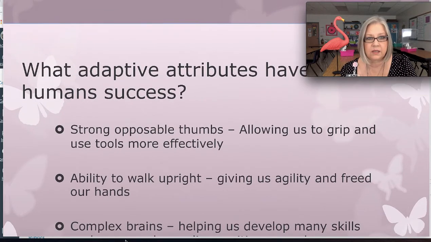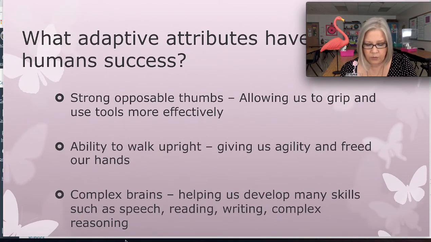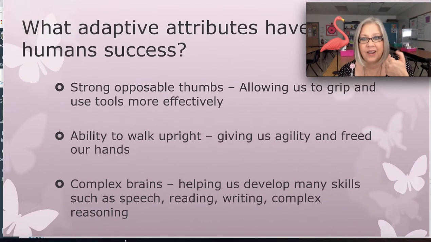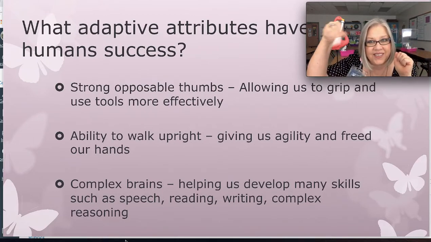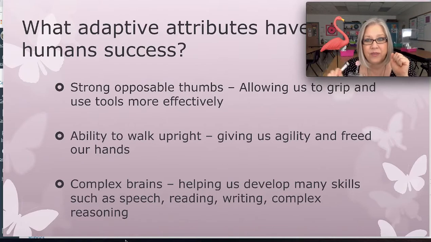All right. So humans, when we look at why are we successful as a species, there's several things. One is that we have great thumbs. And it has allowed us to hold on to things and manipulate and move with good hand-eye coordination. Oh, and that comes to our big brains down there.